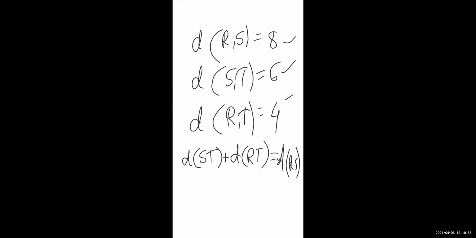Getting what I am doing? The addition of two smaller distances is equal to the bigger number. Let's find it out. ST is 6 and RT is 4, and the bigger distance is given as 8.